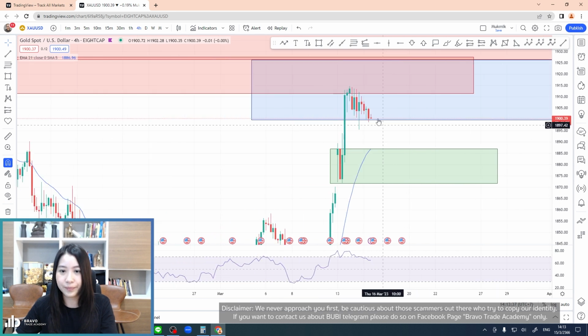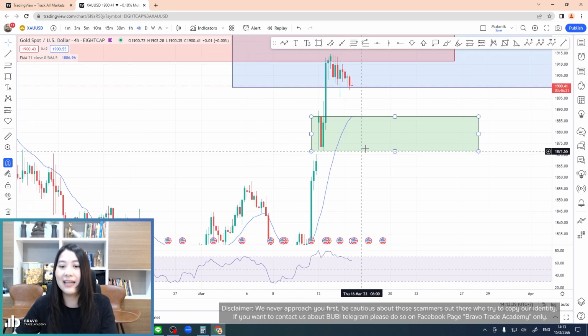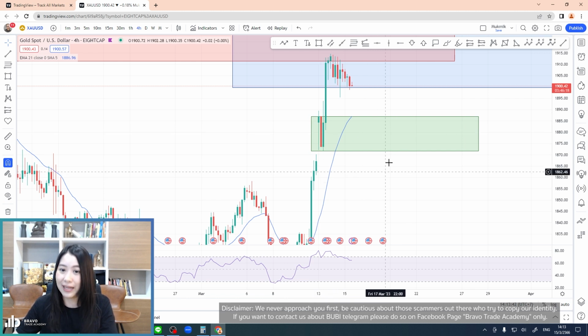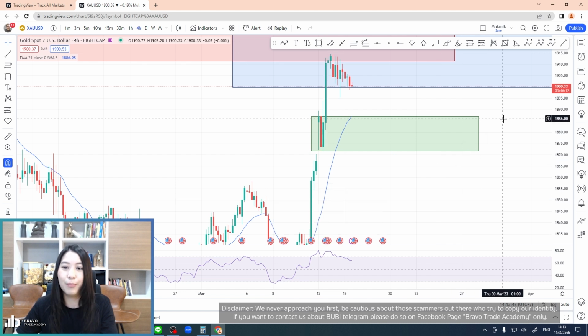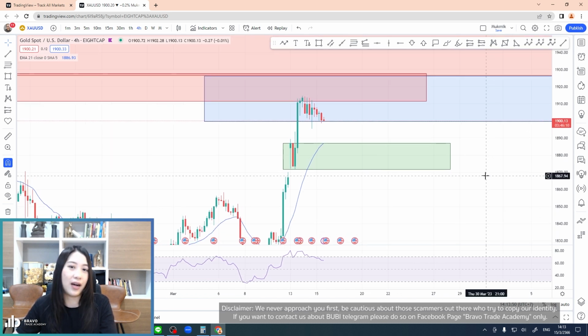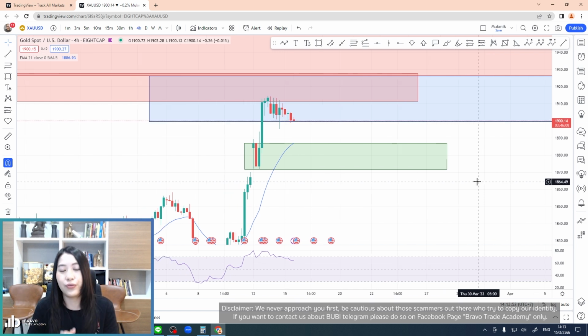So the supply zone is weak, but this demand zone is weak as well because it was formed from the report again. So both demand and supply are weak. For both of the zones here, you will need confirming signals to execute your order.